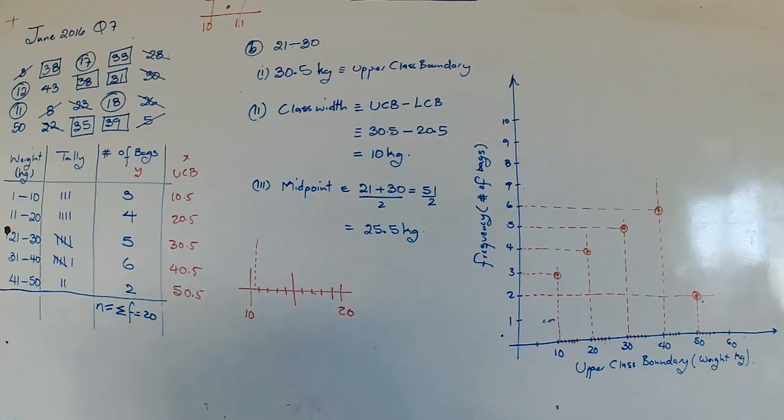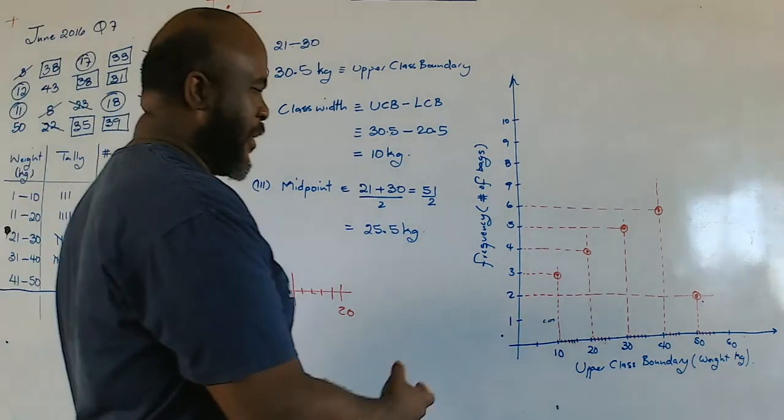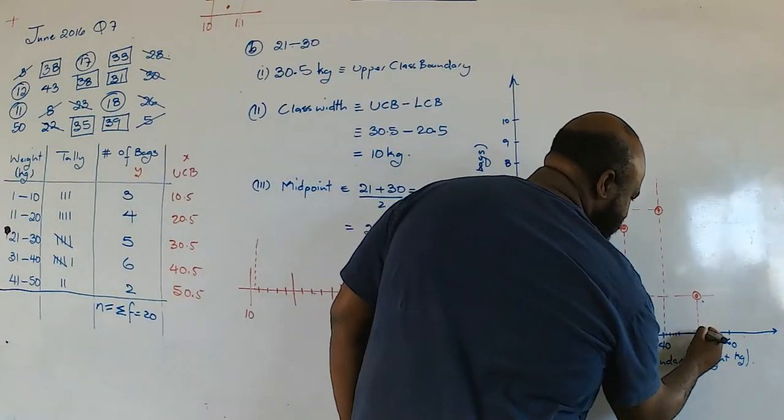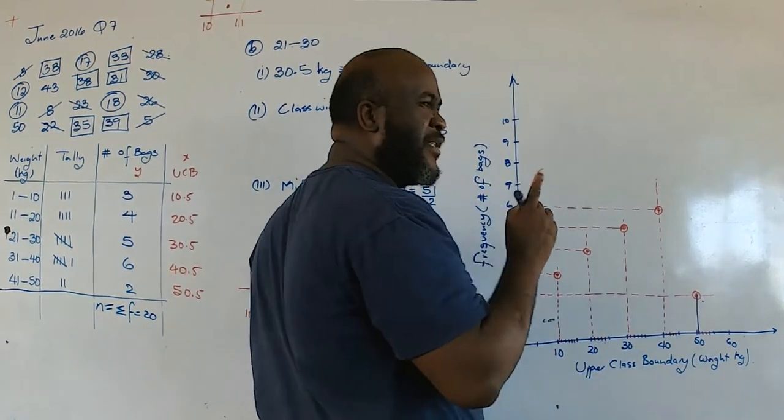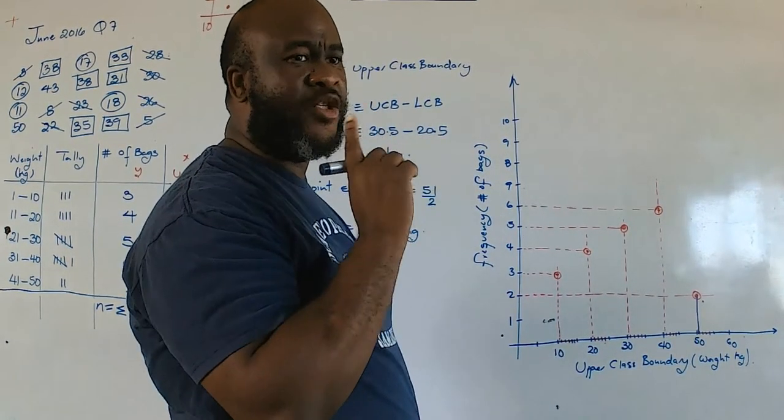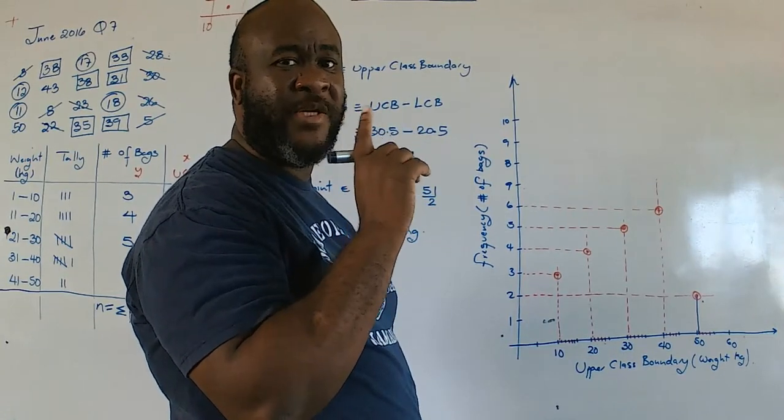Let's complete the diagram. I always start my histogram at the far right. This is my first bar. Please note that it is not drawn on any line. It's drawn between.